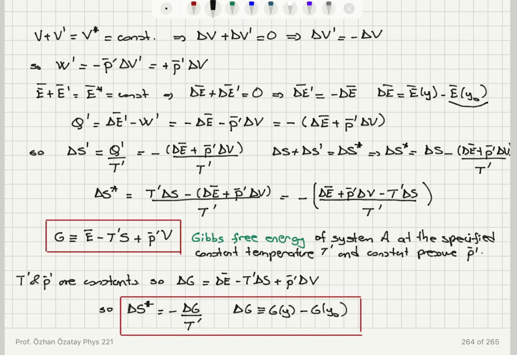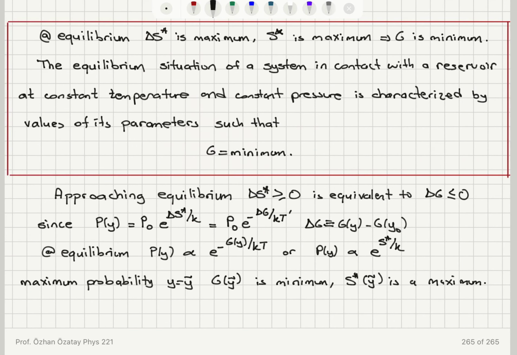We see that if we define the Gibbs free energy of system A at the specified constant temperature T prime and constant pressure P prime as E minus T prime S plus P prime V, the change in the entropy of system A star is minus the change in the Gibbs free energy of system A divided by T prime.